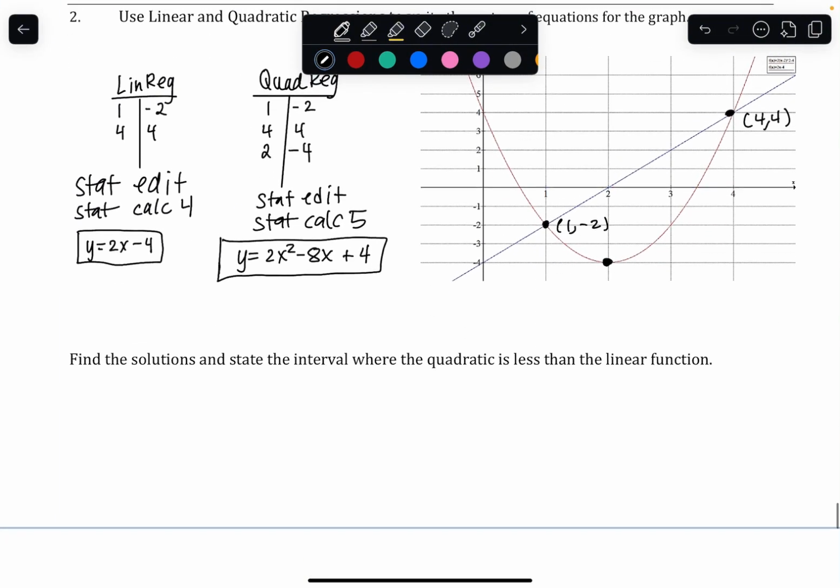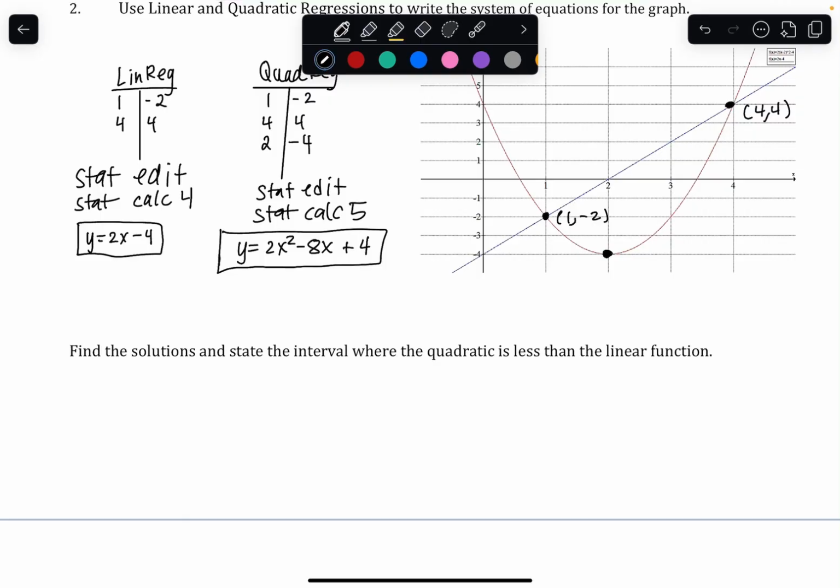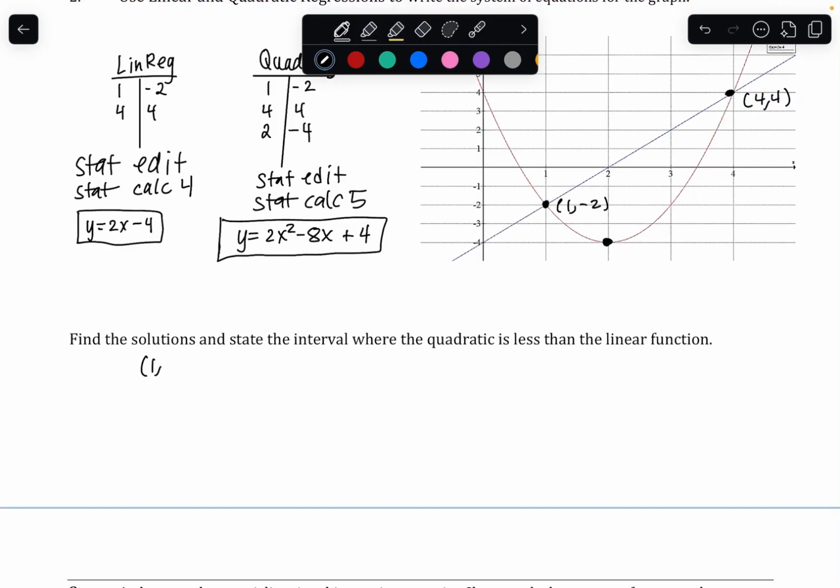Okay, and then to find the solutions, we already have them. (1, -2) and (4, 4) are the solutions. It says, state the interval where the quadratic is less than the linear. The quadratic is below the linear between the two solutions, so between 1 and 4.